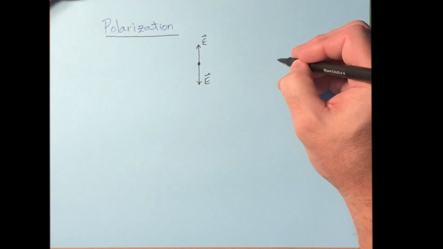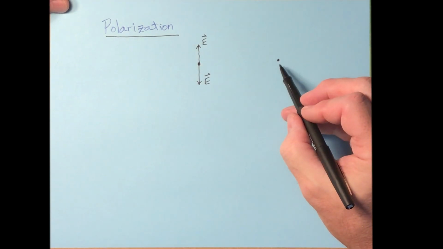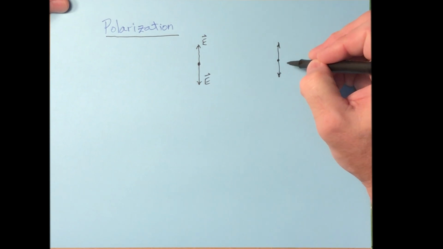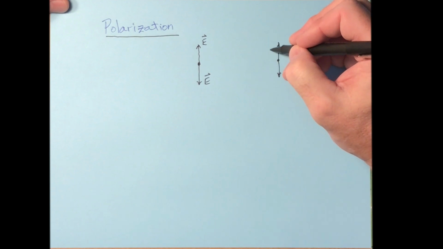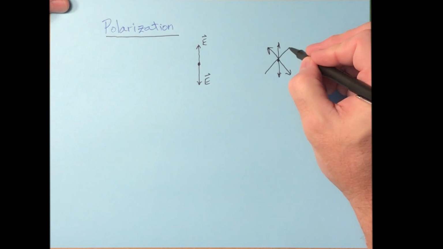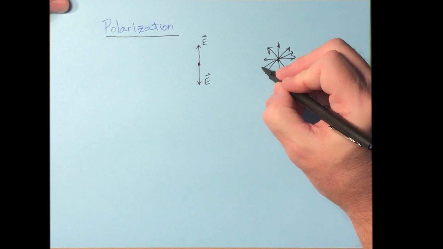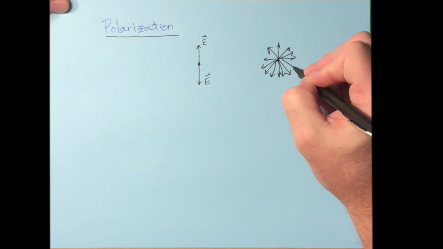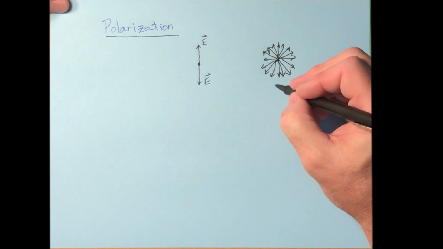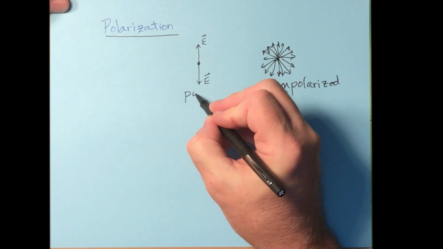So if I had light coming from the sun, for example, and this again represents the direction of travel coming straight out of the page, then the E field may oscillate in this direction for one oscillation, in this direction for another, and in this direction for another, and I'm just drawing them in every possible direction here. The point is that this is definitely unpolarized, while this over here would be polarized.